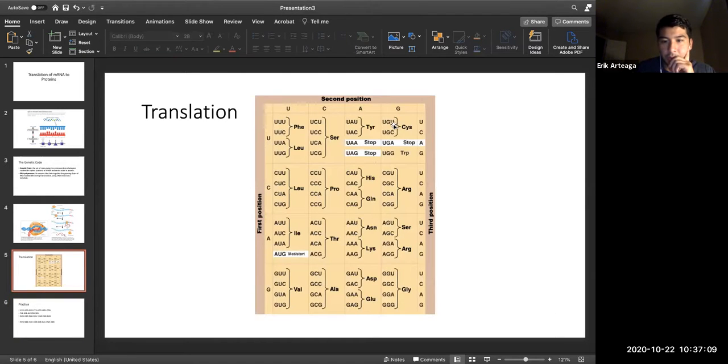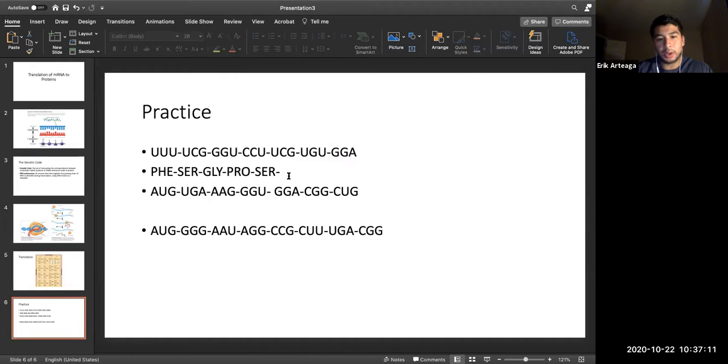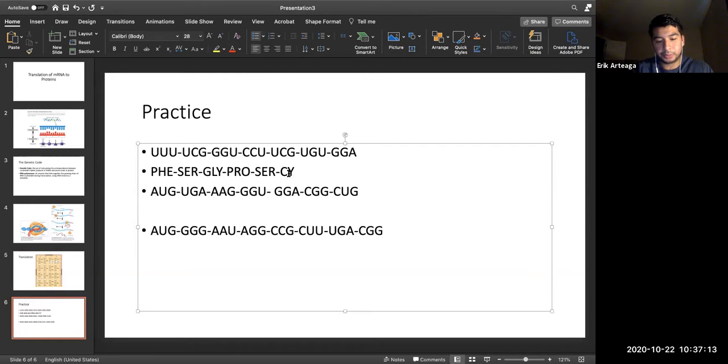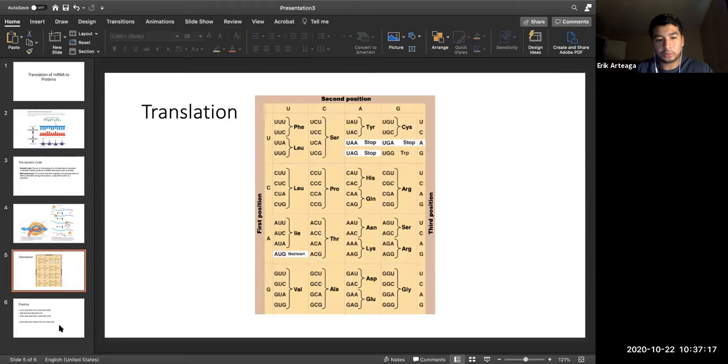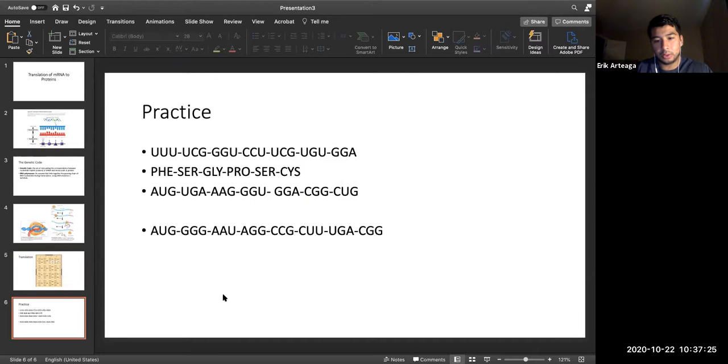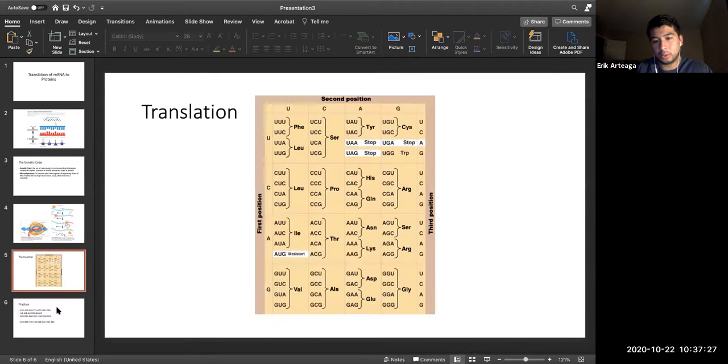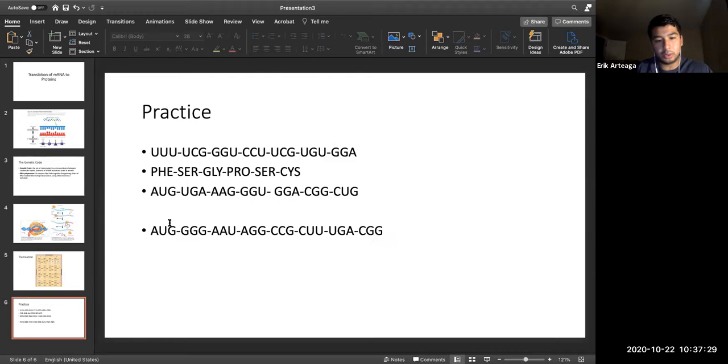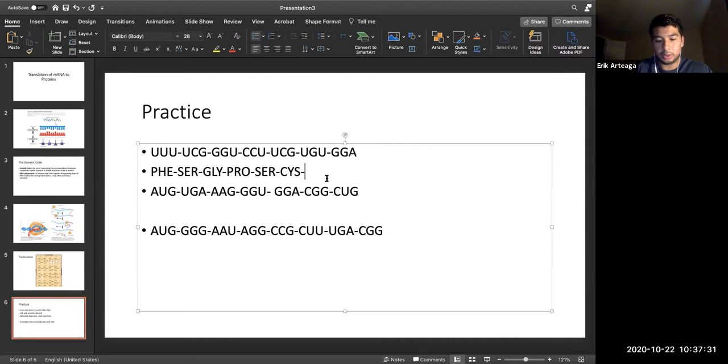We have UGU, cysteine. And then we have GGA. It's glycine again.